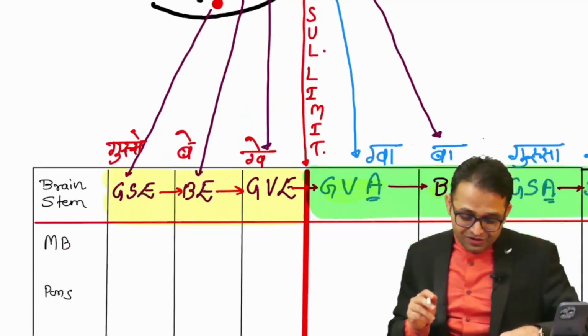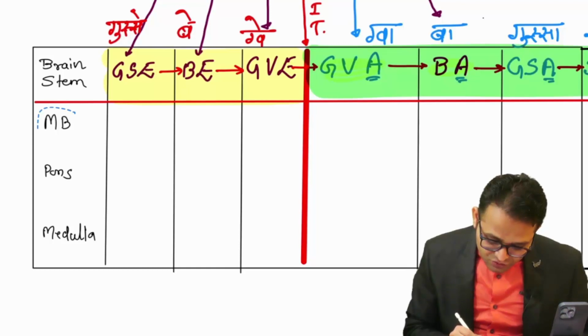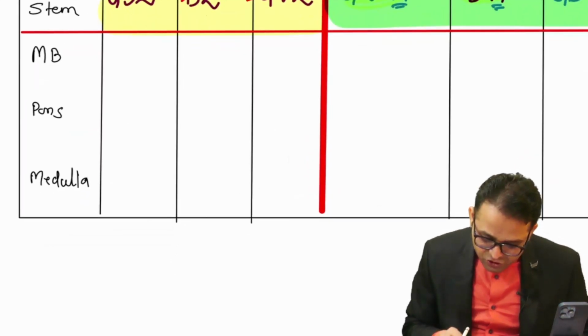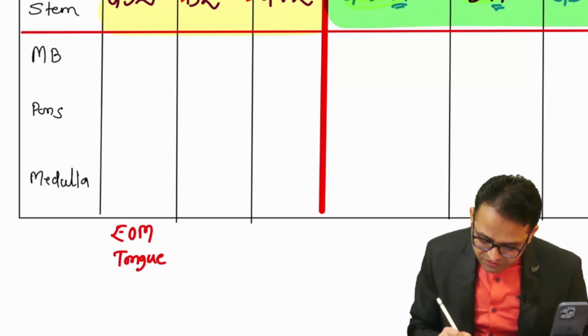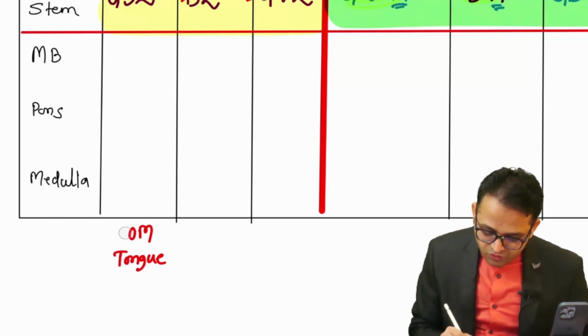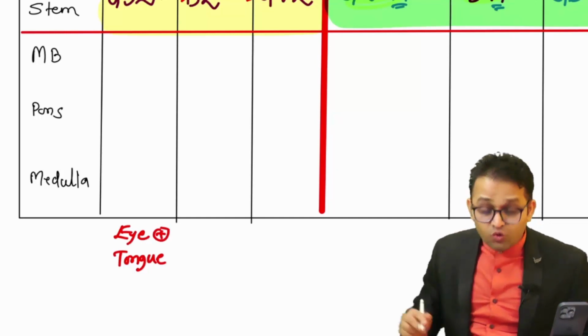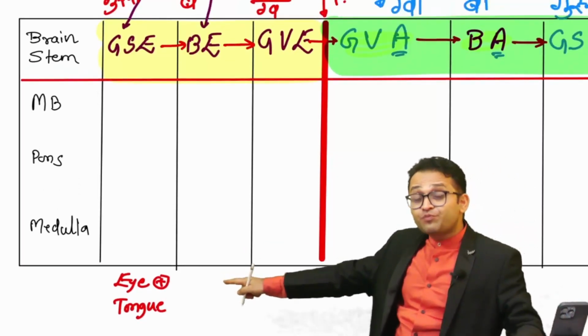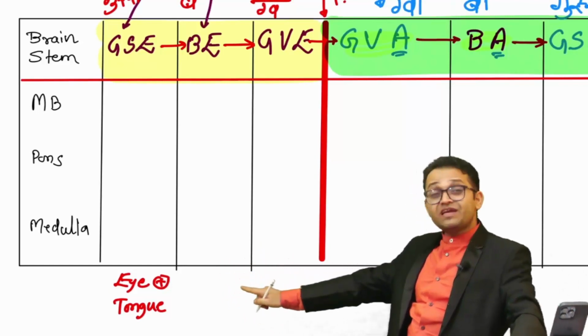So remember your formula for general somatic efferent: extraocular muscles and the tongue. In an easier way, I am writing here the eye. Don't count the sphincter pupillae and dilator pupillae, because these are all viscera. We are talking about the somatic.